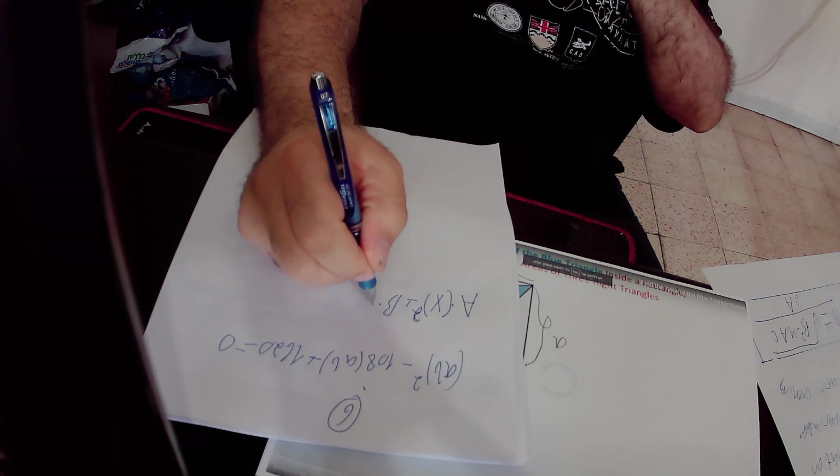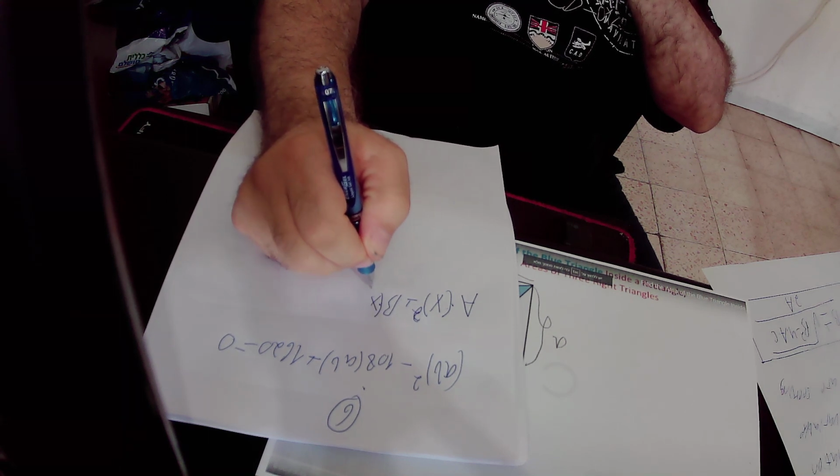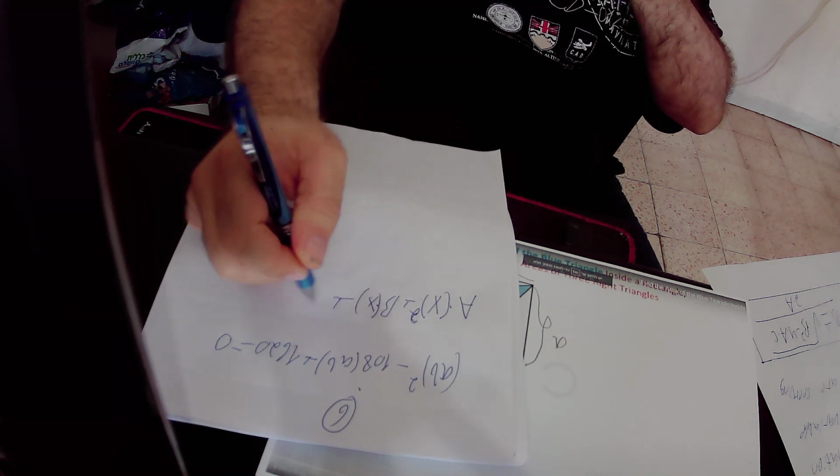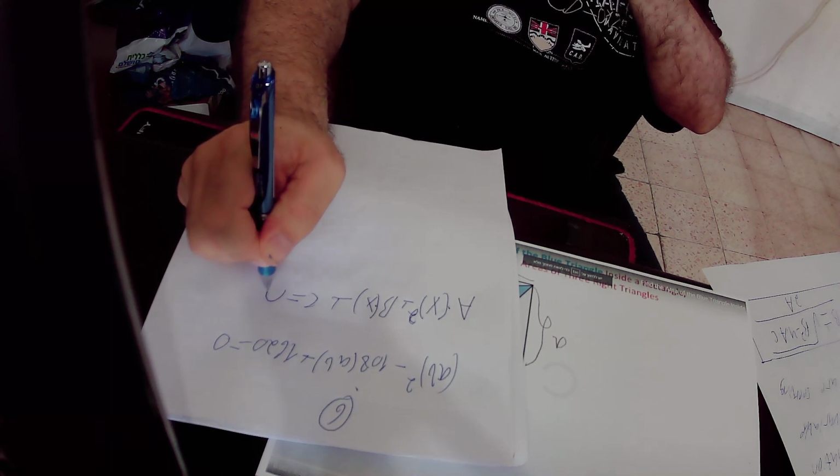A times x squared is x squared plus b times x plus c equals 0.